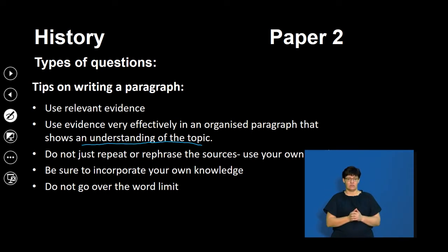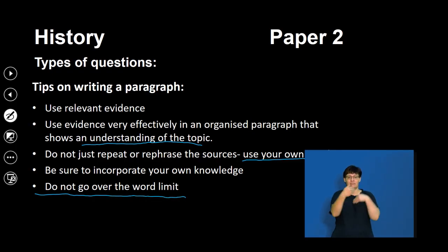Do not just repeat or rephrase the sources. You have to use your own words. That is very important. Be sure to incorporate your own knowledge and do not go over the word limit. I've already told you, don't write 3 or 4 pages. You are writing a paragraph. You should know the difference between a paragraph and an essay. That is very important, guys. I hope that helps you understand how to write a paragraph.